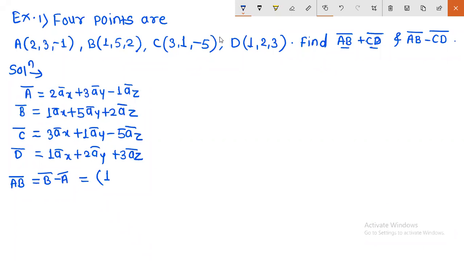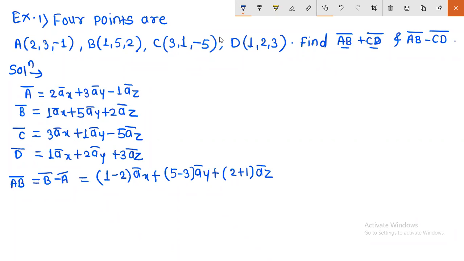So it is 1 minus 2 into A bar x, plus for the y term it is 5 minus 3 A bar y, and plus 2 minus minus 1, which means 2 plus 1 into A bar z.